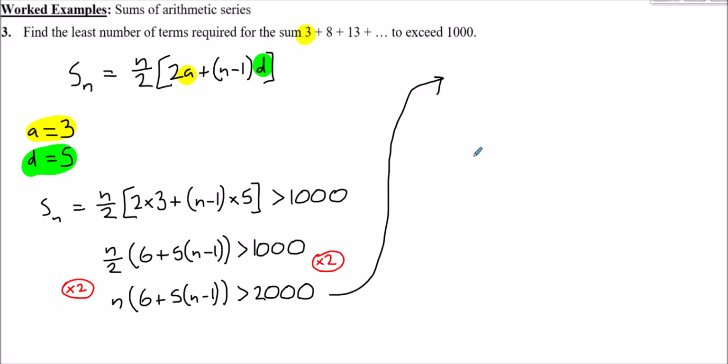Let's give myself a bit more space. Now we can expand. So n times 6 is 6n, n times 5 is 5n, n minus 1 needs to be greater than 2000.